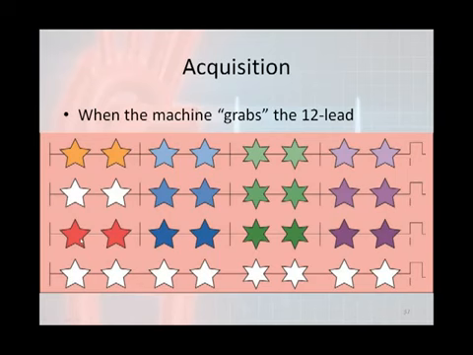This complex right here is the exact same electrical beat that occurred in the heart at this point in time, which means that this is the exact same beat in 3 different views of the heart simultaneously.